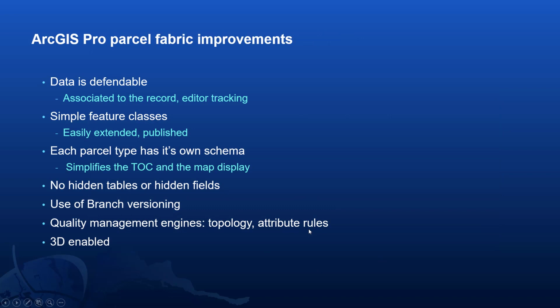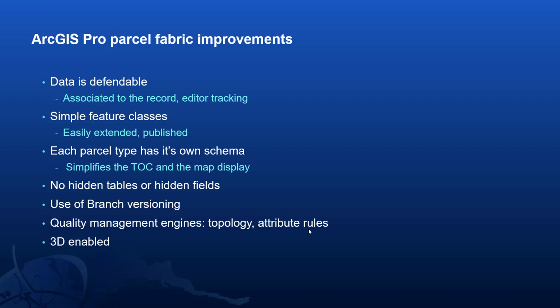Improvements. We made sure that the data is more defendable. Everything that you have in the system of record should be associated to the record that created it. On top of that, of course, there's always editor tracking to account for who created and who modified the data. This data itself uses simple feature classes, simple layers.